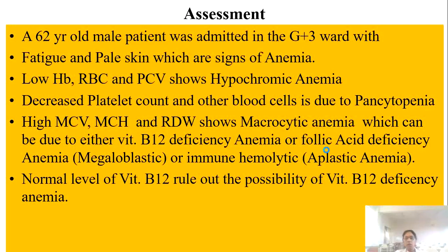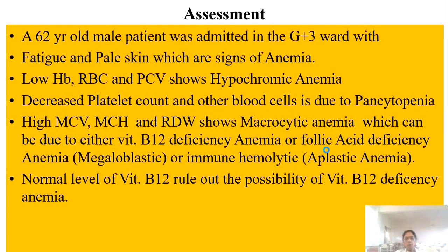A normal level of vitamin B12 rules out the possibility of vitamin B12 deficiency. We had guessed that it may be either vitamin B12 deficiency or folic acid deficiency anemia, that is megaloblastic, or immune hemolytic. But most of the tests indicate aplastic anemia.